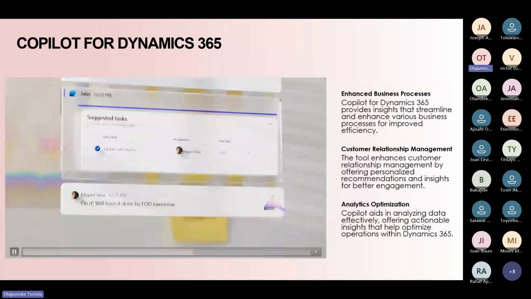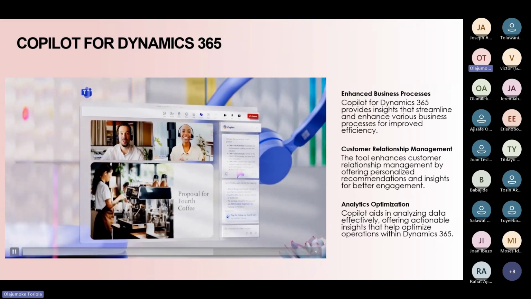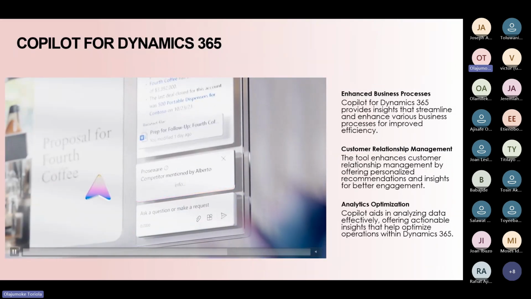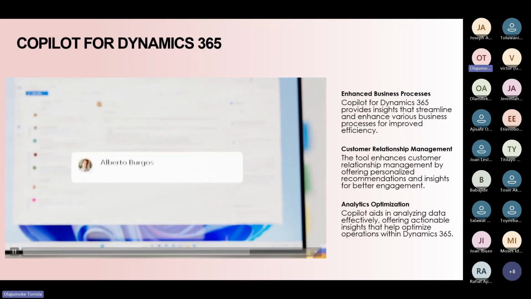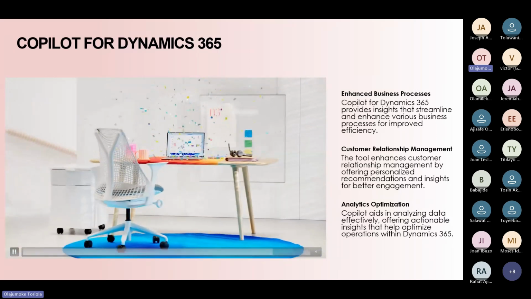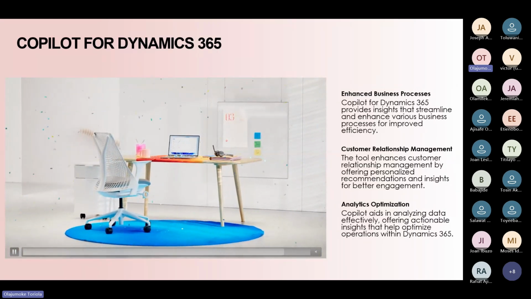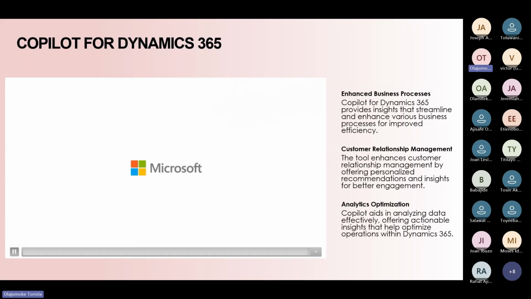An example of it is that you have Copilot in Dynamics 365 Business Central, Copilot in Dynamics 365 Customer Service, Customer Insights, and Copilot in Microsoft 365 Customer Insights Journey. So you have the different flavors of Copilot in Dynamics.